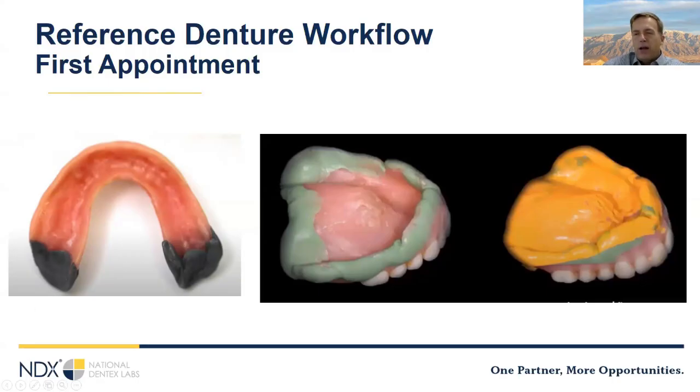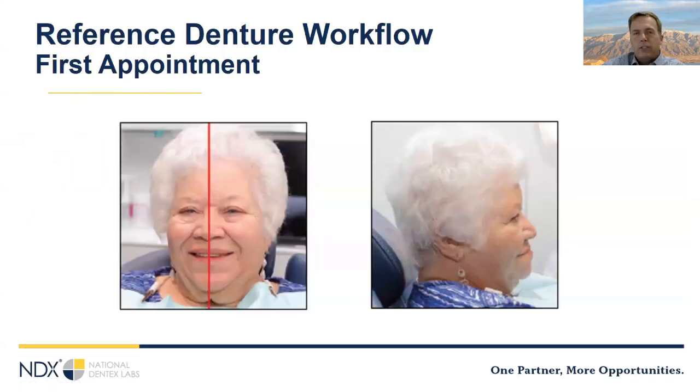For the mandible, the process is similar. You'll want them to pucker, show the Duchenne smile, then stick their tongue out and up and move it side to side before closing and swallowing. So you'll do that twice, once when your heavy body is setting on the border and once when the light body is setting. And that's the same technique you can use for your master impressions as well.